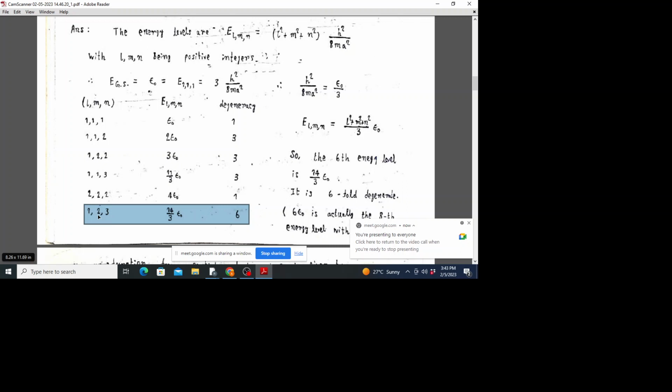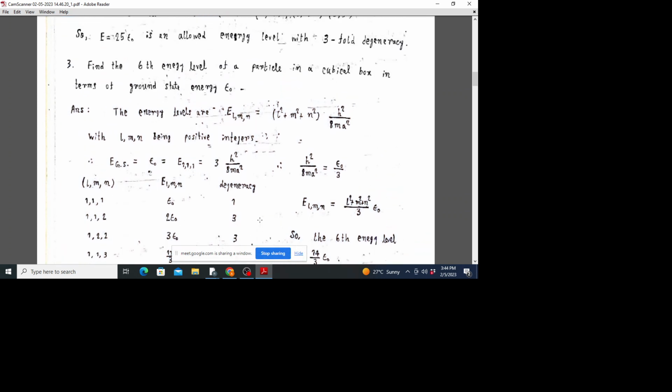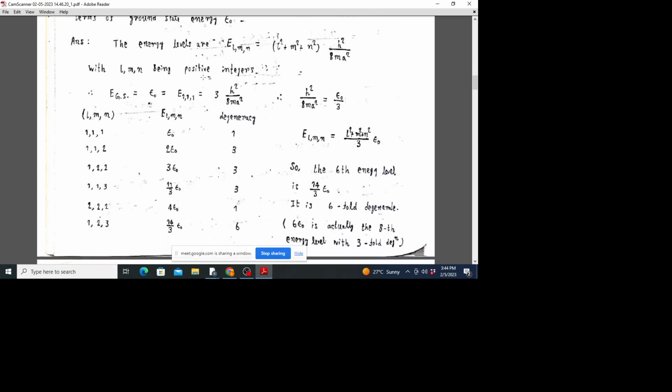These are the 6 ordered collections of L, M and N, and all of them would give you the 14 by 3 epsilon naught eigenvalue. Since these 6 states give the same energy eigenvalue, this energy level has degeneracy 6. So we needed to find the sixth energy level, and our answer is this: the sixth energy level is 14 by 3 epsilon naught, its degeneracy is 6, and so on.